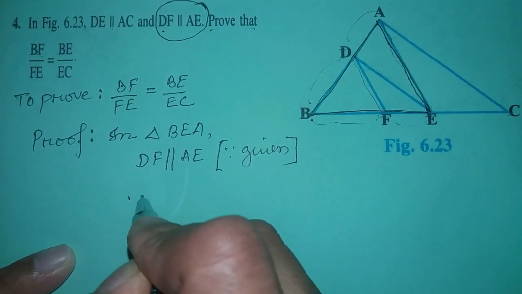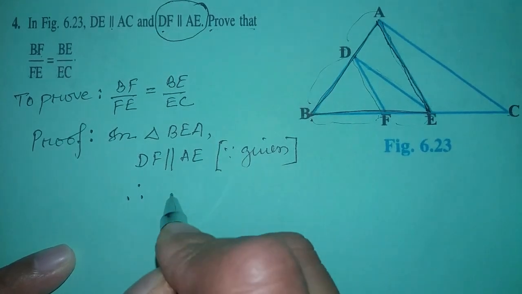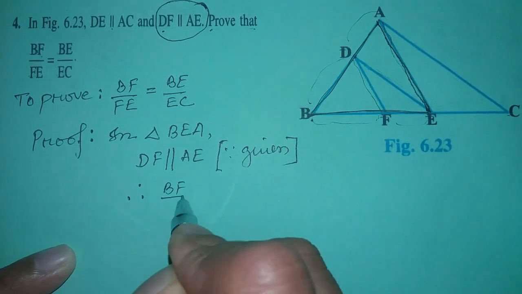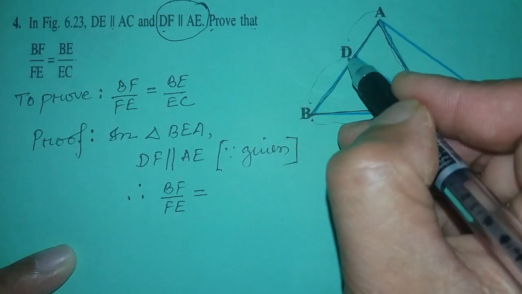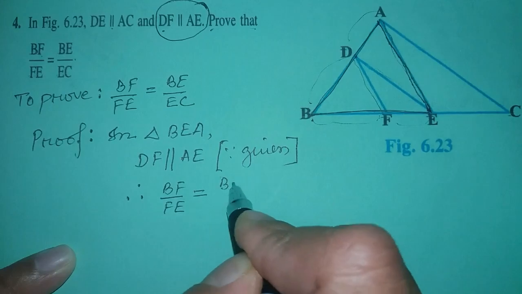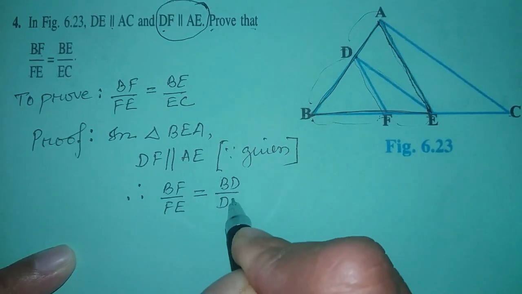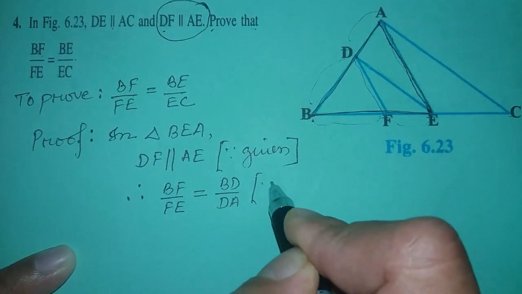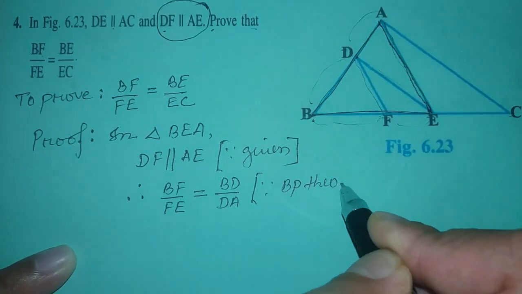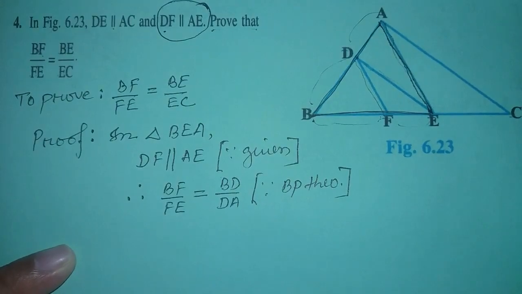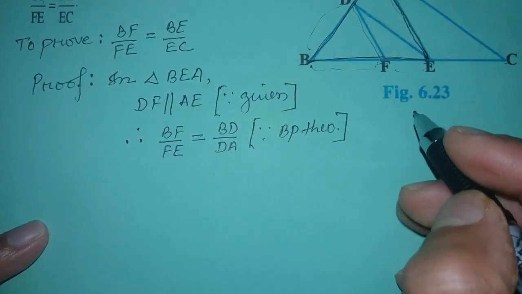So therefore BF by FE is equal to BD by DA. This is basic proportionality theorem. Let's call this 1.